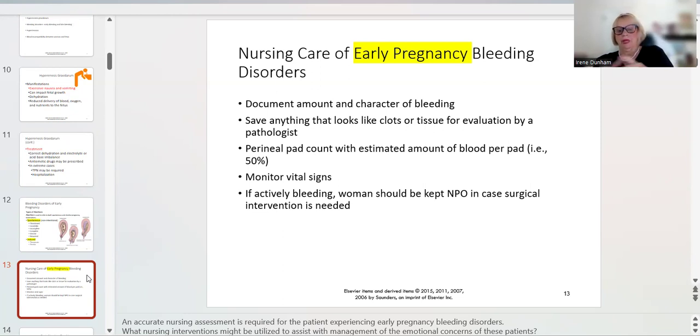Now, anytime a woman is actively bleeding, she should be kept NPO, just in case you want to do that D&C, okay? You have to think ahead. Say she calls you, telling you she's actively bleeding and she thinks she passed some tissue, but not all of it. You tell her to go to the hospital, and they meet her in the ER. Tell her, do not eat anything.